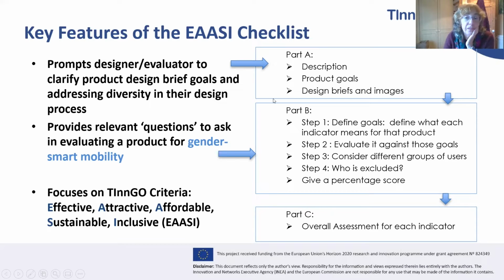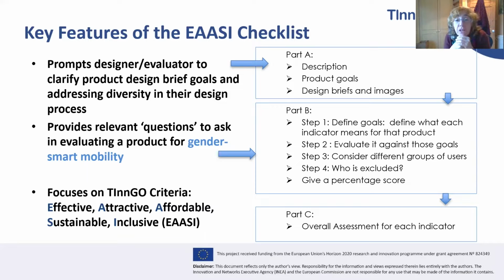Now in part B, this is where the sort of TInnGO evaluation magic bit goes. We've provided a number of relevant questions to ask for evaluating a product for gender smart mobility. So in step 1, there's some goal definitions. So you define what each indicator means for that product. In step 2, you evaluate it against those goals.